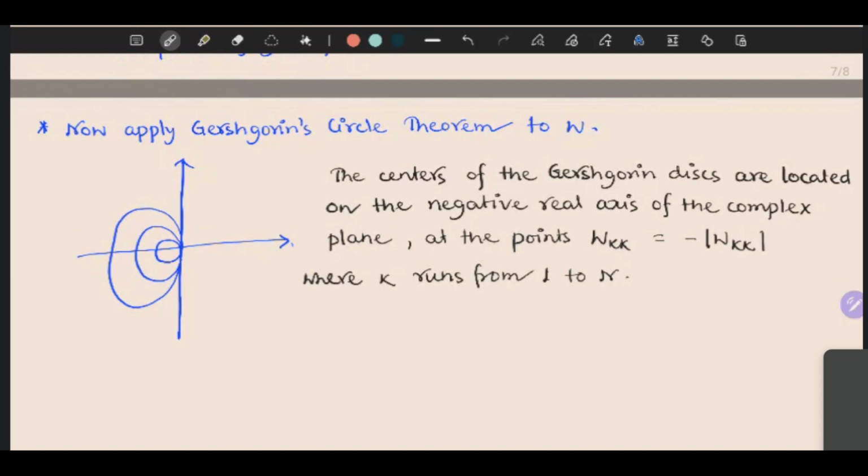So that means the rightmost points of all these Gershgorin circles will be at the origin. That means the real parts of these values will be negative except for this eigenvalue 0, because all will be in the negative part.